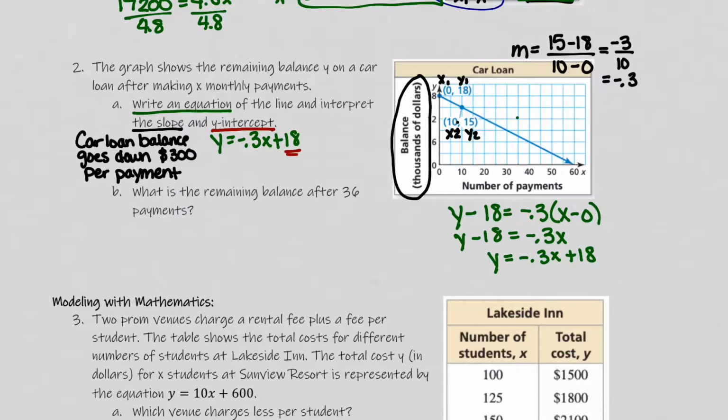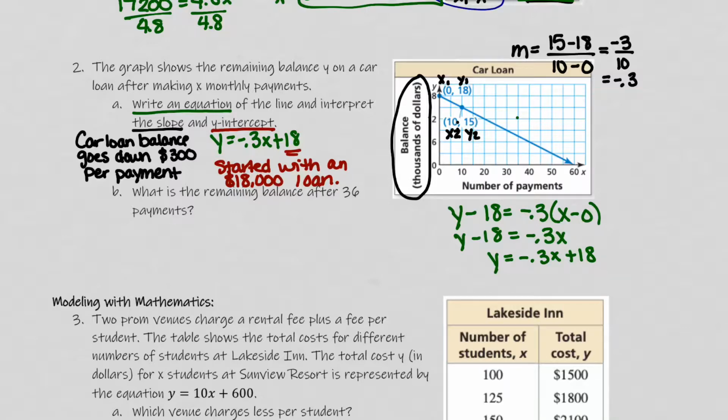Okay, so you started with an $18,000 loan. And that's what the y-intercept is.